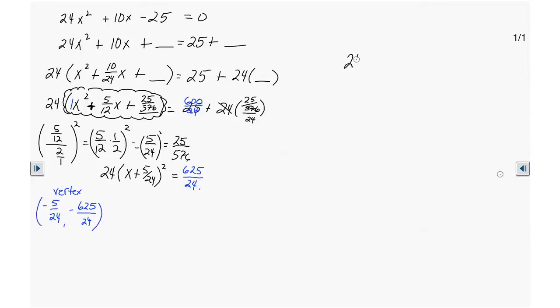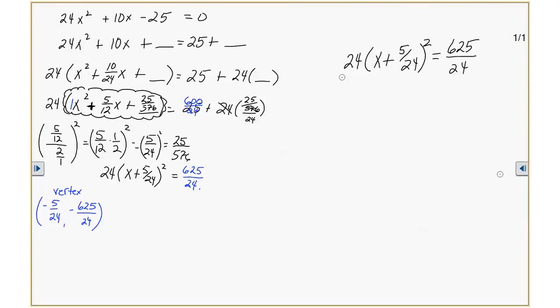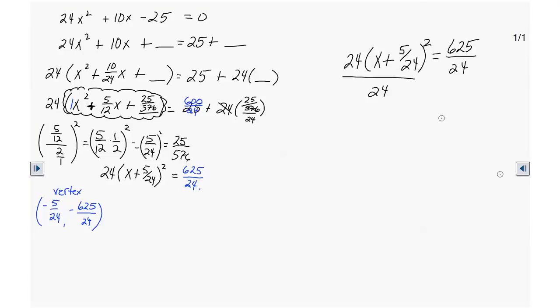24 times (x plus 5 over 24) squared is equal to 625 over 24. Divide by 24, divide by 24 over 1, which means you multiply by what?